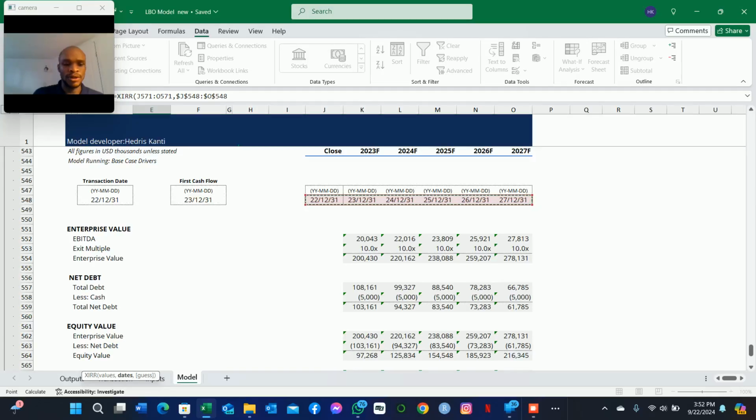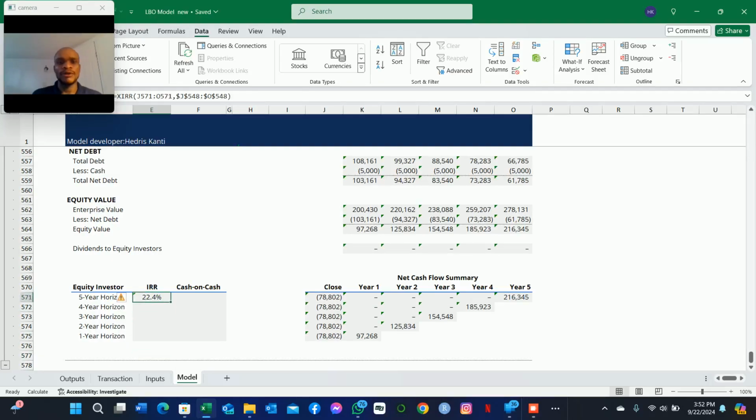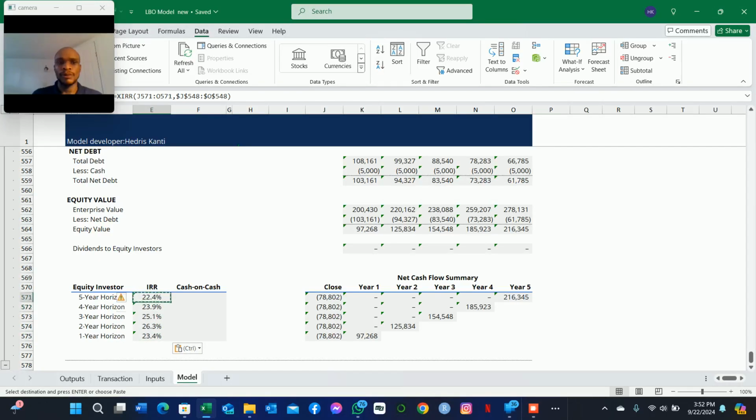Reference it with F4 so that we can copy it down. So in the very last year, we have an internal rate of returns of 22.4% as a result of this transaction.